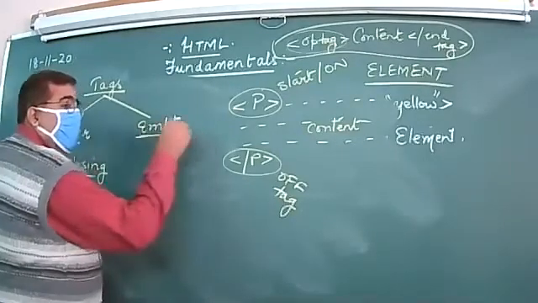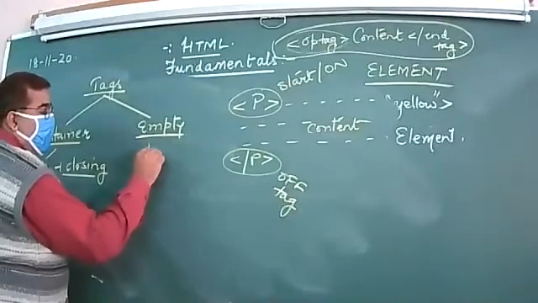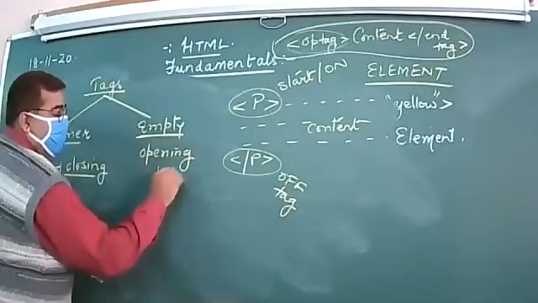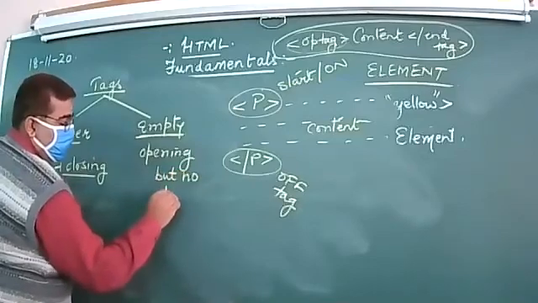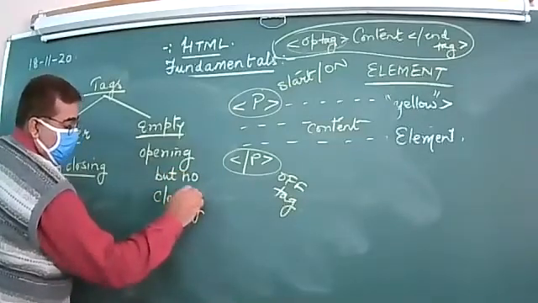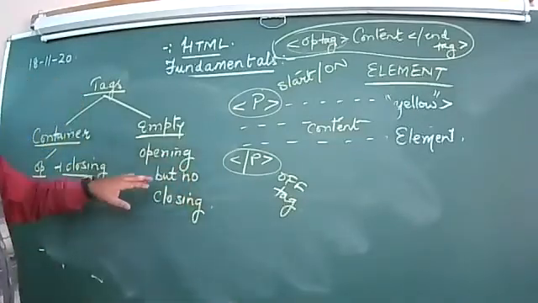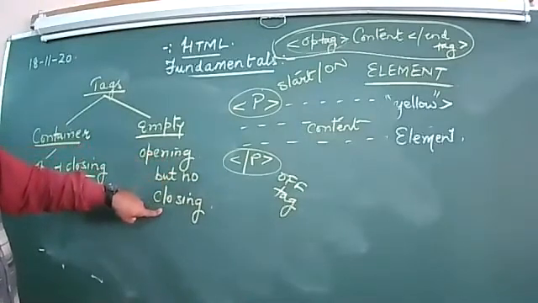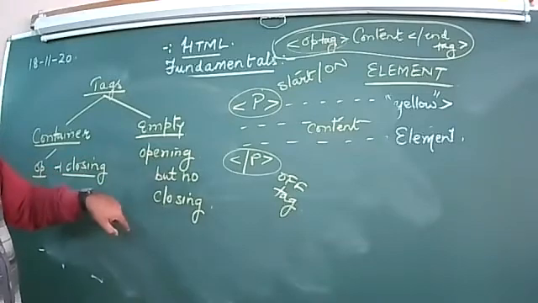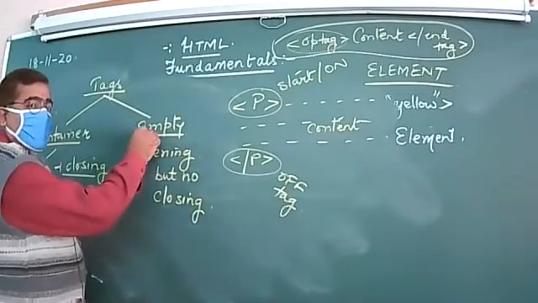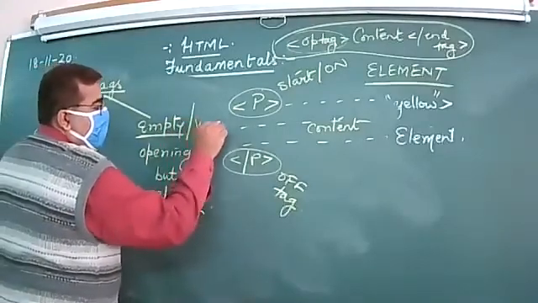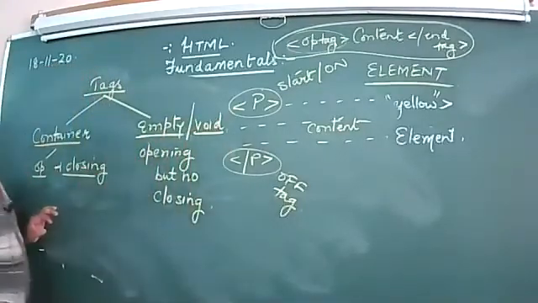Empty tags are those tags which only have an opening but no closing. Only the opening tag is there, but there is no closing tag. So that is why empty tags are also given one more name, called void element or void tag.